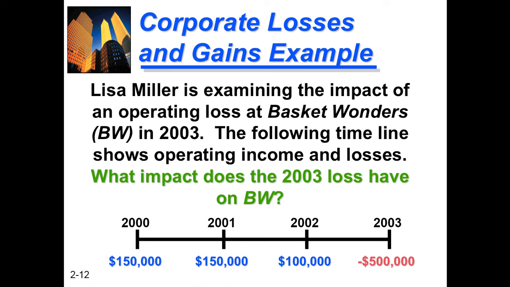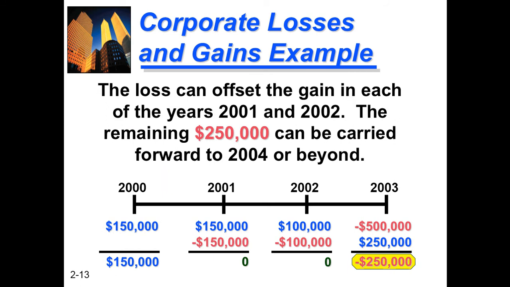So we can carry back this 5 lakh rupees first to 2001 and 2002. We cannot get the tax back from the government for the profit of 2000, but we can get our tax back for the profit of 2001 and for the profit of 2002.